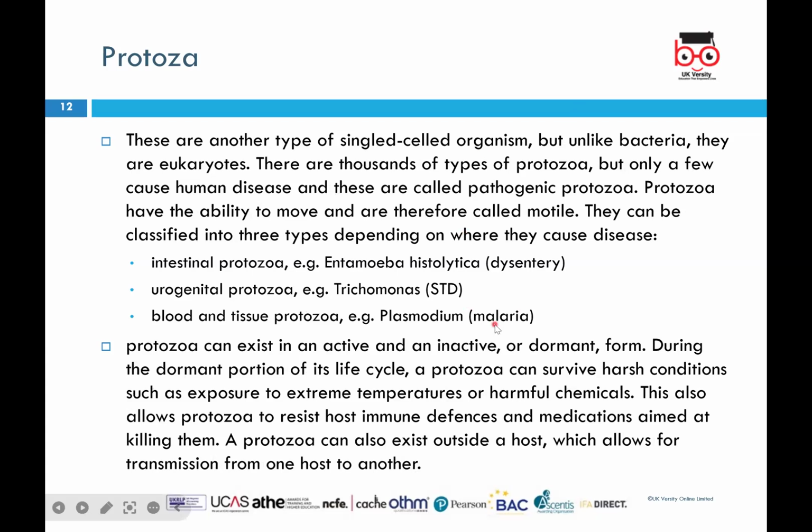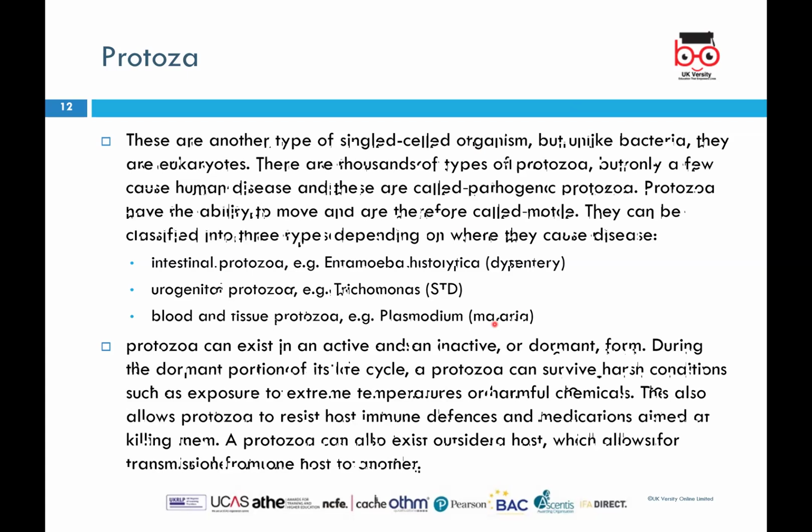Very good. So a vector, a mosquito, carries the Plasmodium, the protozoa, from one person to another. There's a person who is unwell, has malaria. That Plasmodium is present in that person's blood. There's a mosquito, only the female Anopheles mosquito.